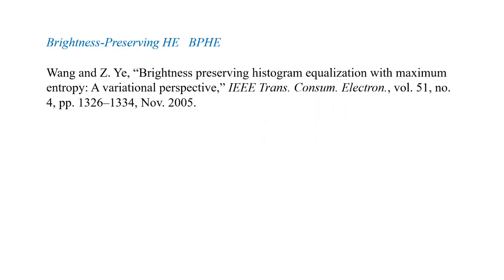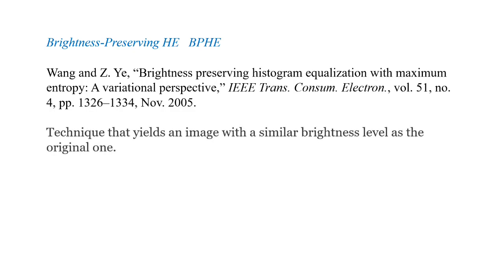There are different techniques proposed in order to specify a histogram that hopefully will yield a nice contrast image. One of them is brightness preserving histogram equalization, and this technique yields a final image with a similar brightness level as the original one.